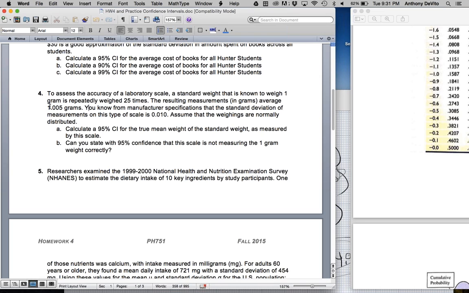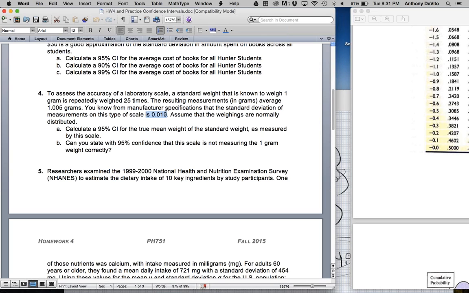Okay, so we're going to calculate a confidence interval. X bar is 1.05, and sample size is 25. And the manufacturer tells you that the standard deviation of repeated weights on this kind of scale is 0.010. In other words, that's our population standard deviation for all these repeated times we would have done this.